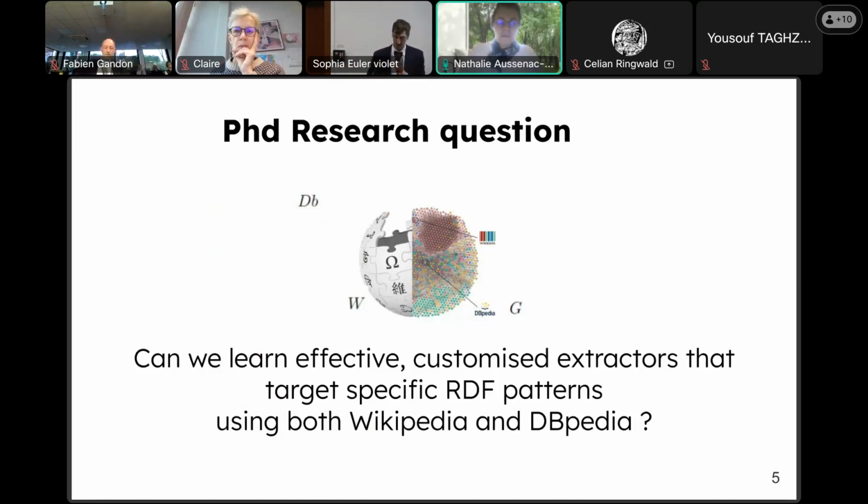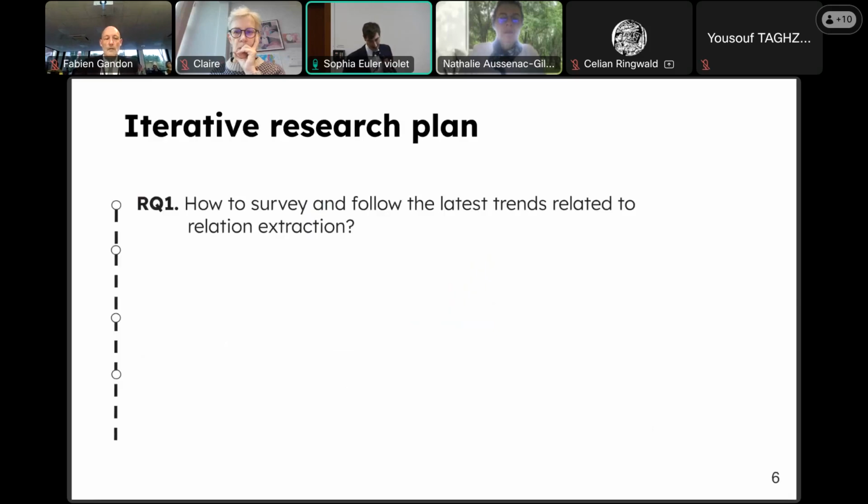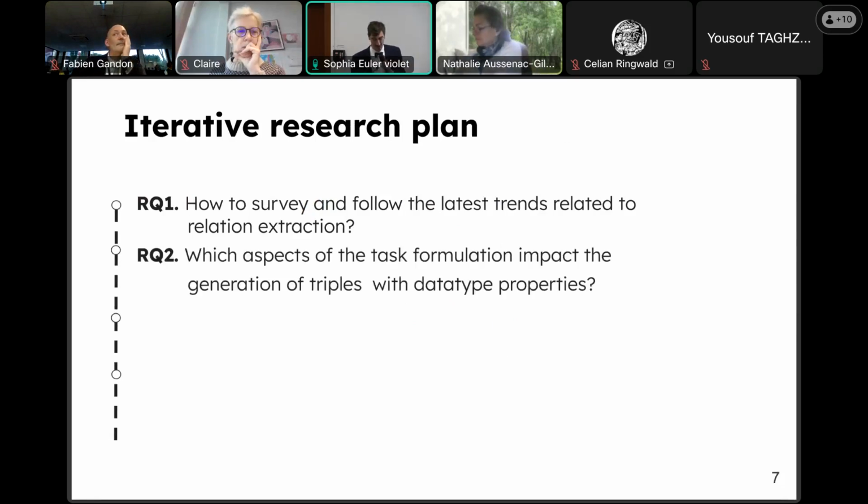Ok. Merci. To address this research question, we adopted an iterative strategy. Our first step was to understand what the current state of the art related to relation extraction was. Relation extraction is the task of extracting a graph from a text.